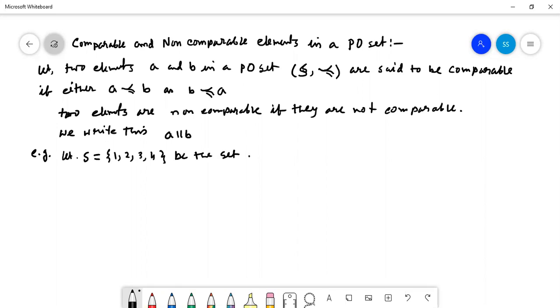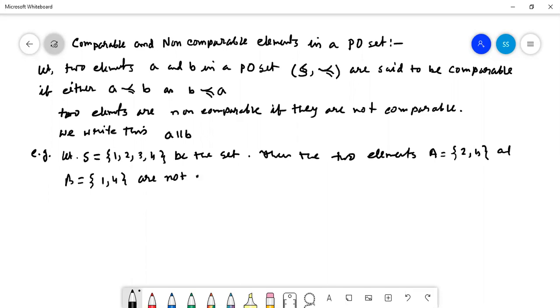We are taking two elements, A equal to {2,4} and B equal to another set {1,4}, which are not comparable.